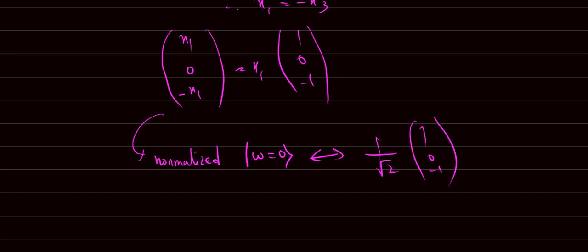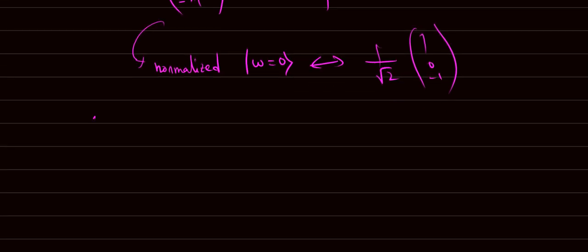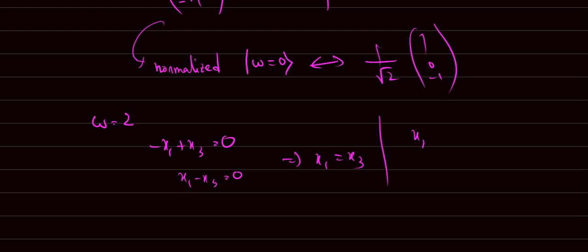We have to find another 2. So for omega 2 we find x1 plus x3 equal to 0, x1 minus x3 equal to 0. So x1 equals x3. Notice that x2 is unknown, so it can be anything.